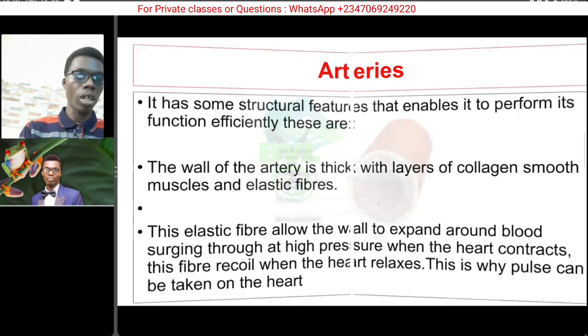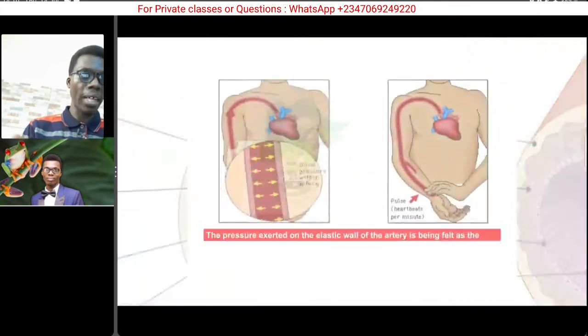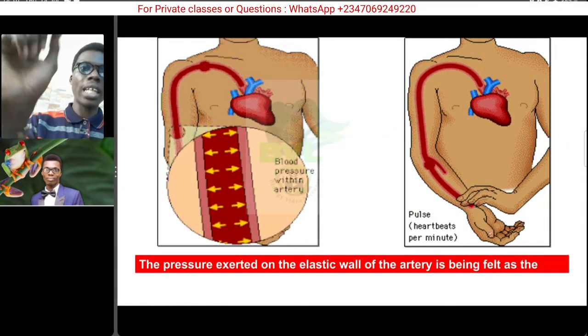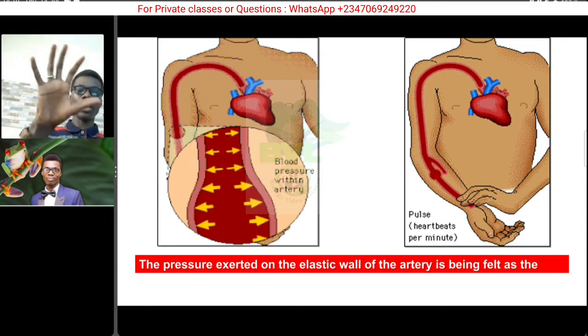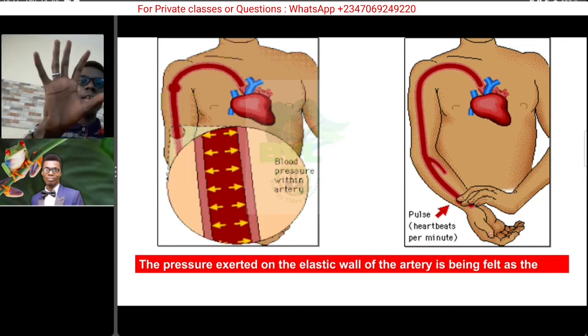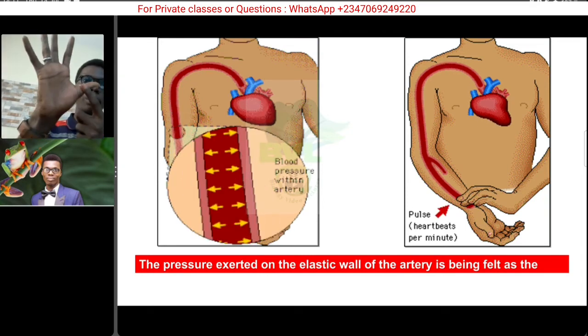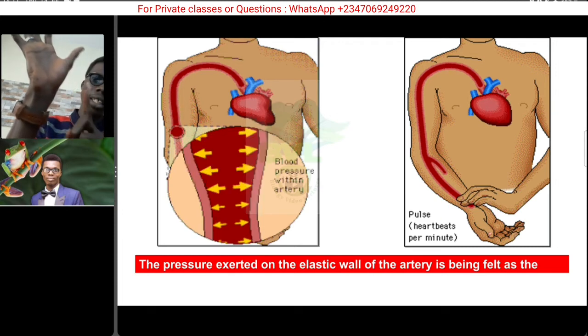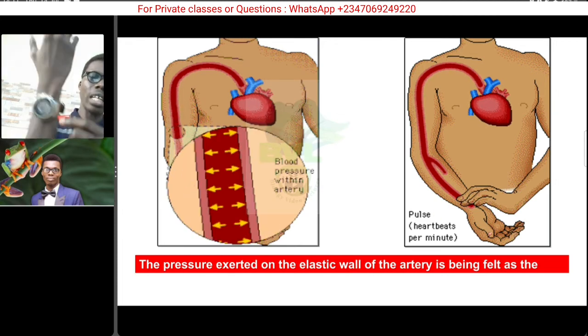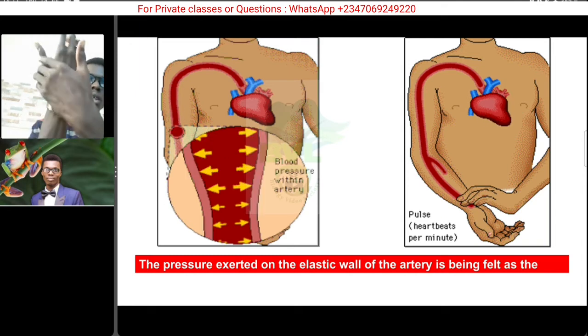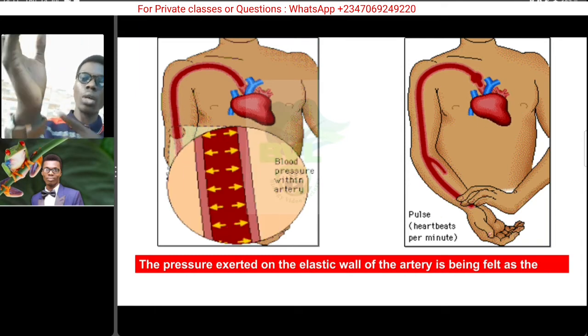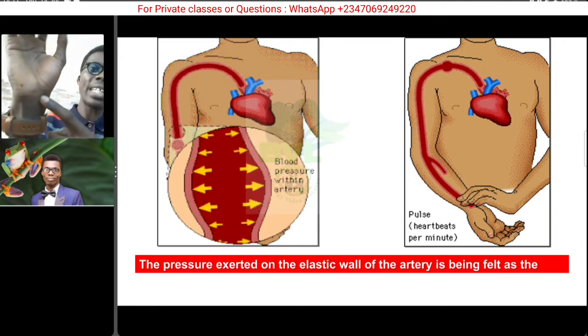So check this out. Please look at me wherever you're seeing this from. You can see this is my thumb. This bone is called the radius, this is called the ulna. So there's an artery here called the radial artery.